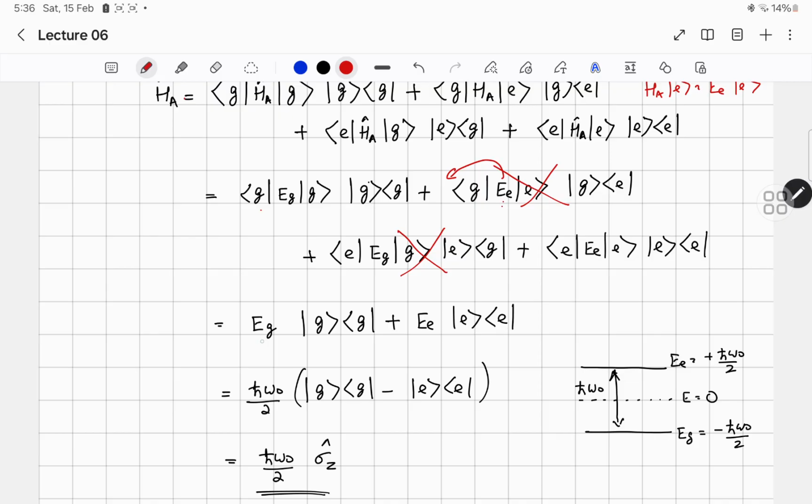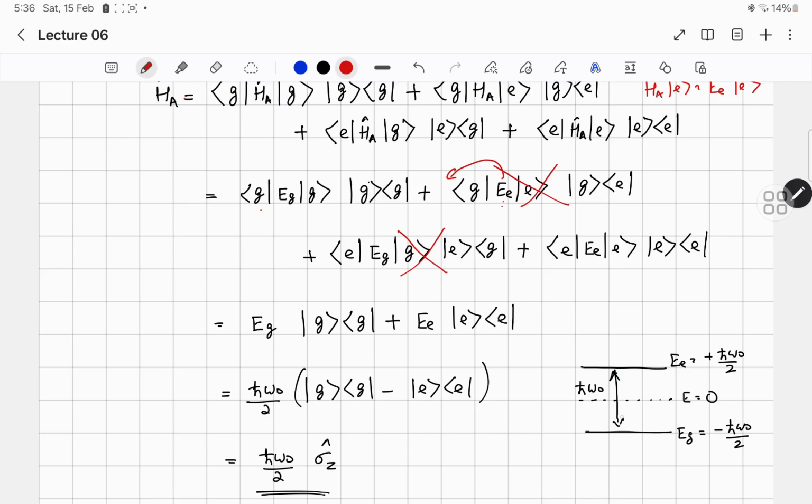Okay, now I am going to denote the values for EG and EE. For that, our textbook, which I am following, is Introduction to Quantum Optics by Gerry and Knight. In that textbook they have chosen the central portion between these two energy levels as 0, and the transition frequency is denoted by the symbol omega 0.